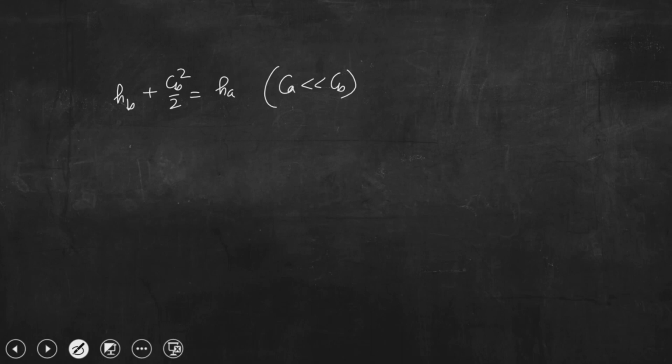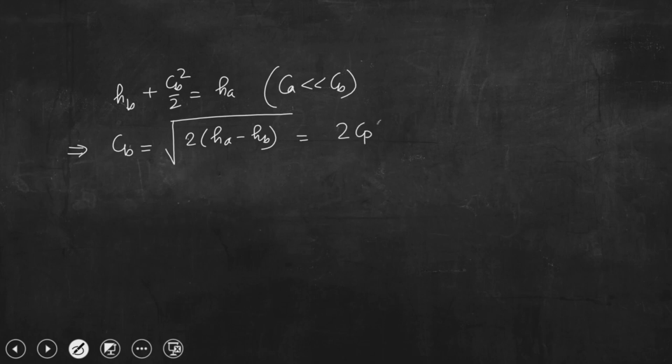So, from there we can write Cb equal to the square root of twice Ha minus Hb, and we can write 2 Cp into Ta minus Tb.